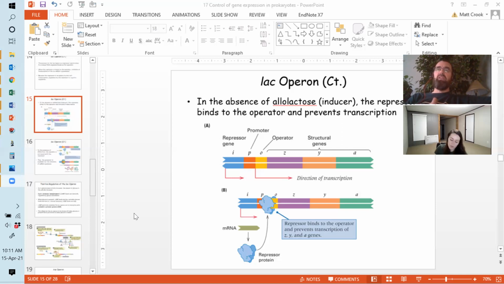And it does so continuously. Once tryptophan levels increase to a certain point, you don't need to make more. Right? There's only so much tryptophan you need at any one point. So you want to turn it off. So what thing do you think binds to the trp repressor to turn off the trp operon?